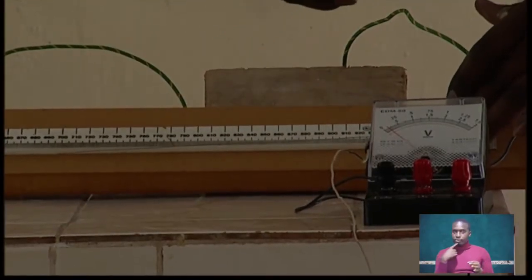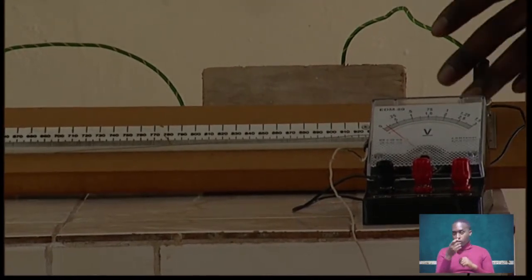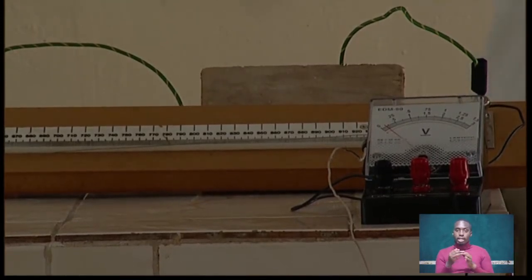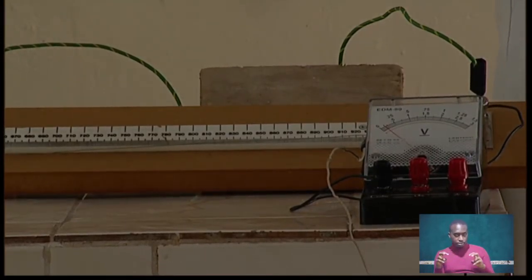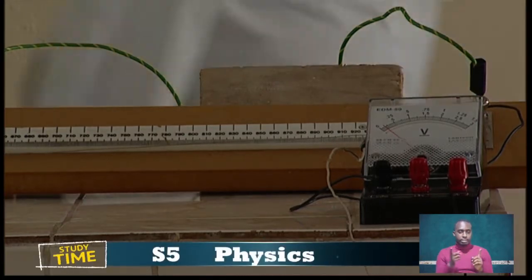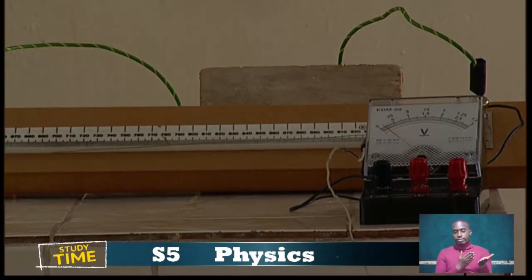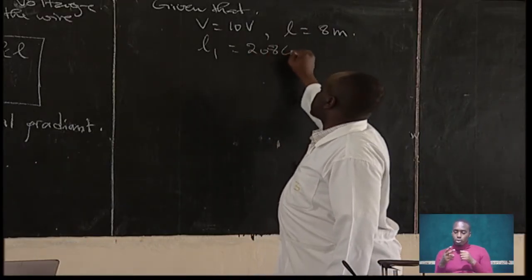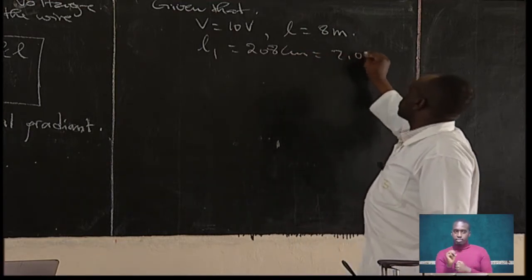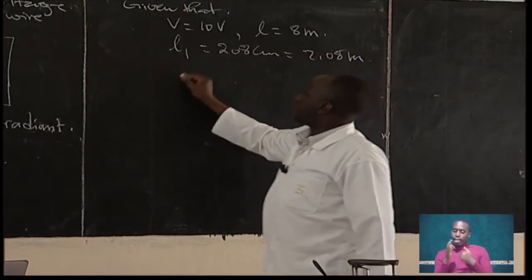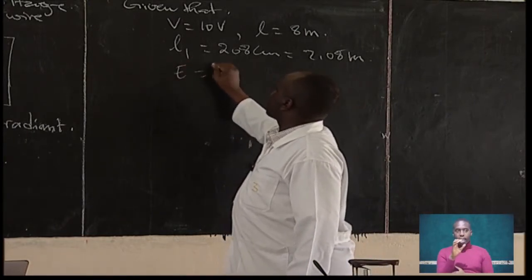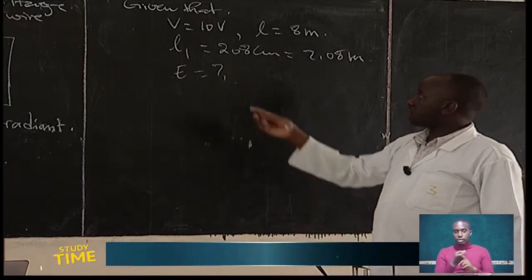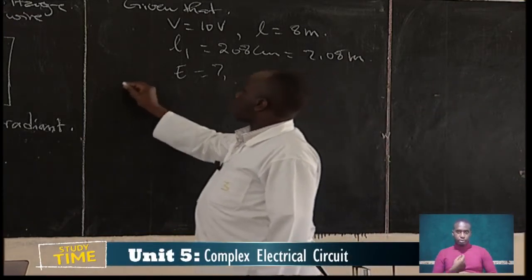It is 8, but remember, this is the whole length, and then what you measure is 10 volts. But if there is another length L1, which is equal to 208 centimeters, this gives 2.08 meters, then find E, the EMF that balances against the length of that one.